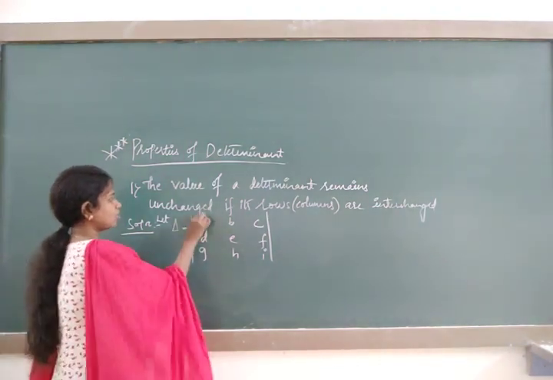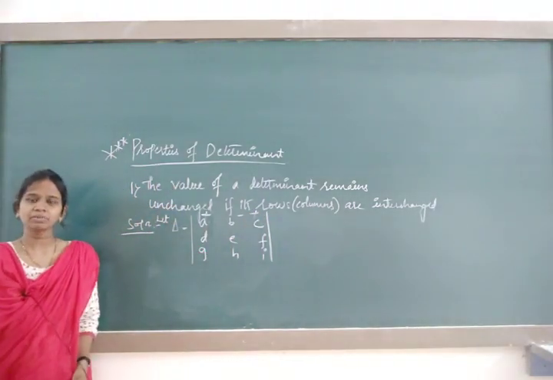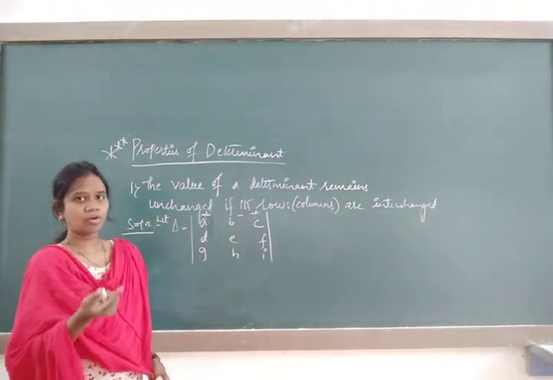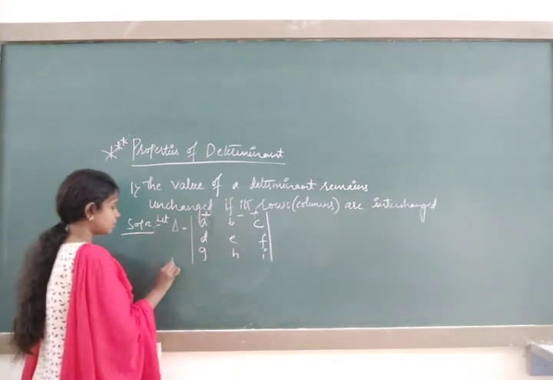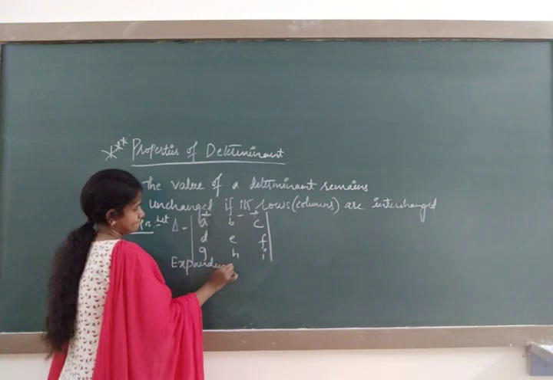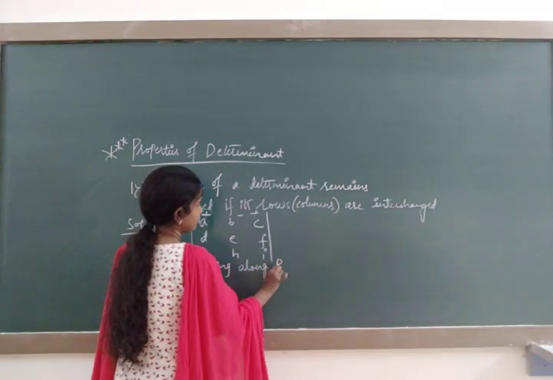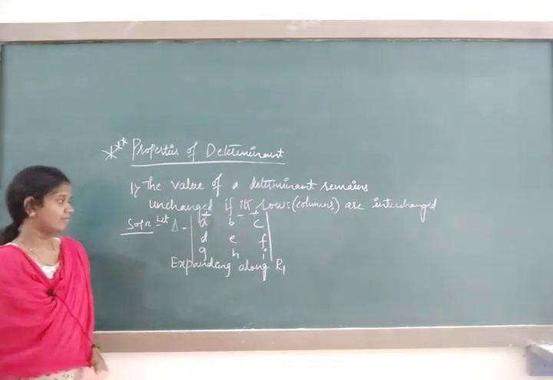So I will expand along R1. In the last class we know that the sign of R1 will be plus minus plus. How it has come I already explained. Expanding along R1.